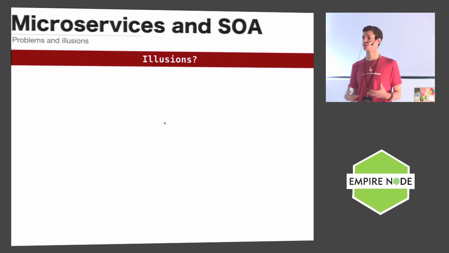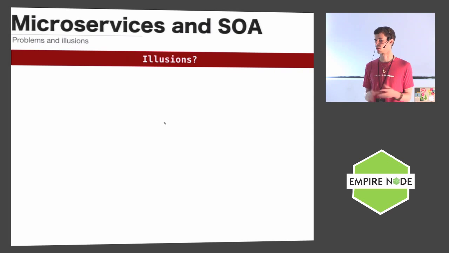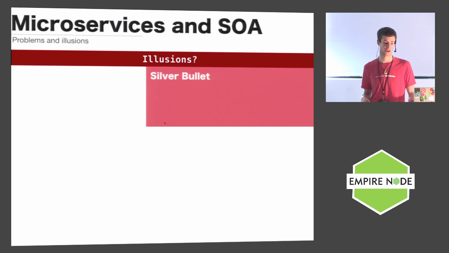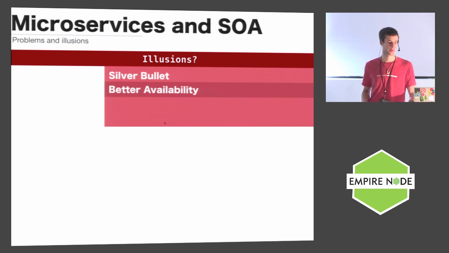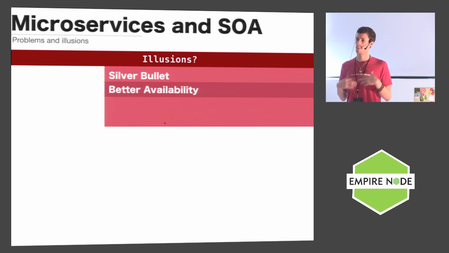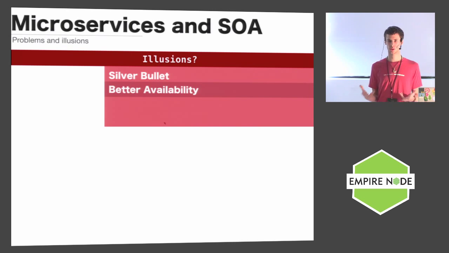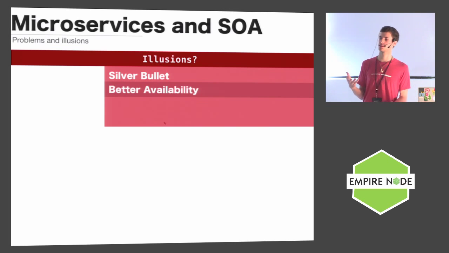So microservices aren't perfect. I don't think anything is. We like to think that there is a silver bullet, but there never is. So better availability. Do we actually get this with microservices? It's not really determined. You can argue you get better availability, but now you have to deal with partial outages and handle those different kinds of edge cases.